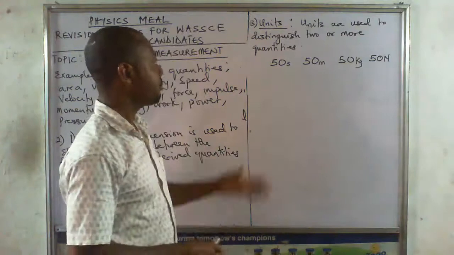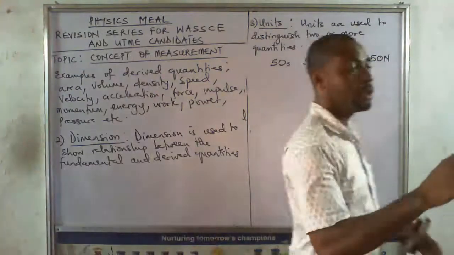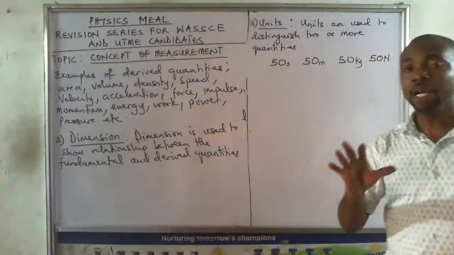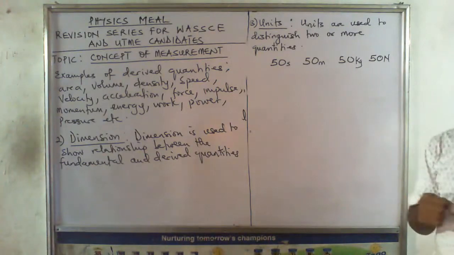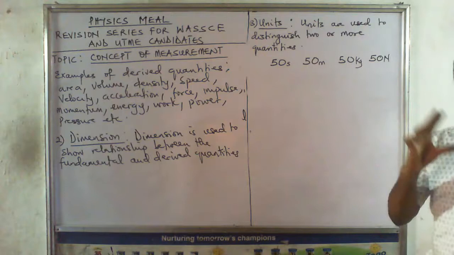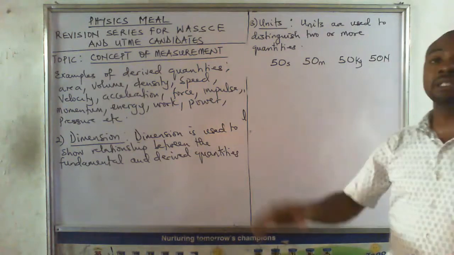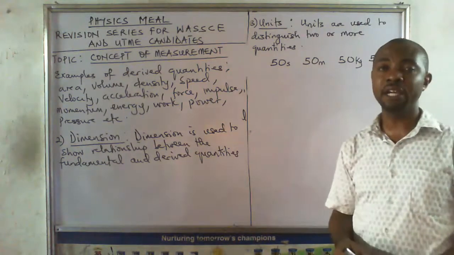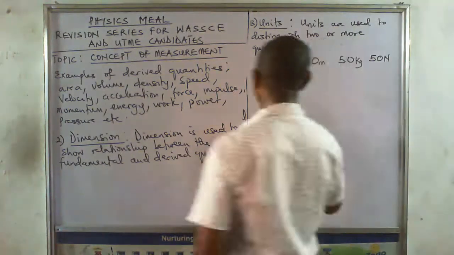All right. So quickly, we're going to put up a table. We're going to look at the dimension and the units of fundamental quantities. Now, it's important that we note the units of fundamental quantities are referred to as fundamental units, while the units of derived quantities are called derived units.